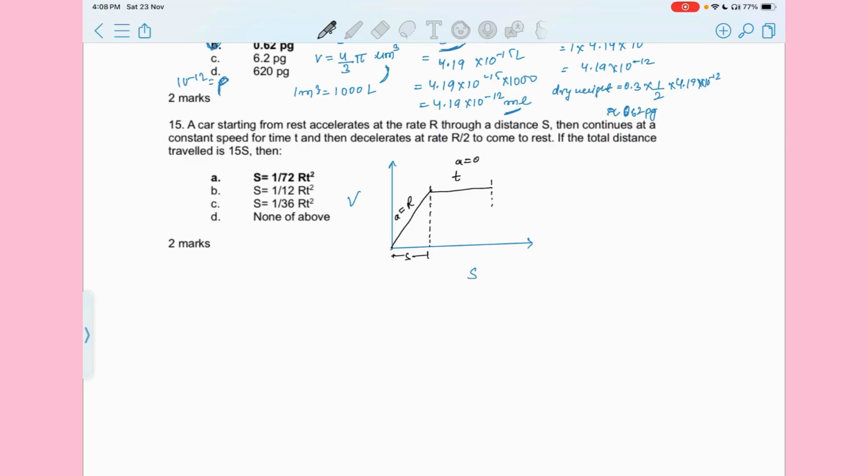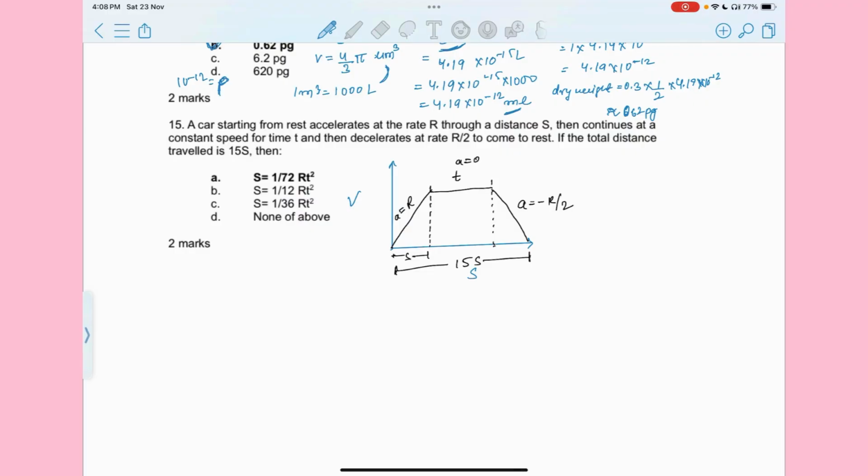So maybe it has covered some distance again, and then it decelerates till it comes to rest with minus r by 2 acceleration, and the total distance traveled by it is 15s.